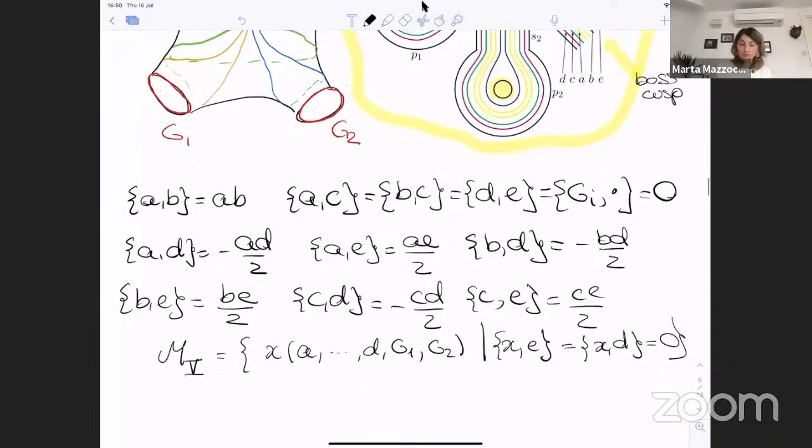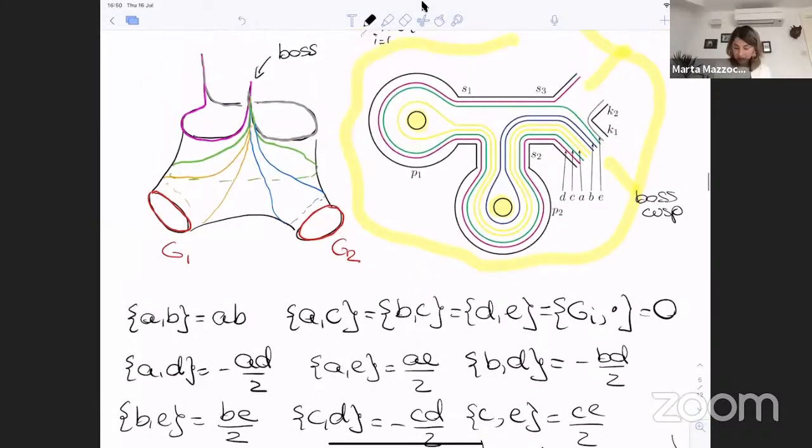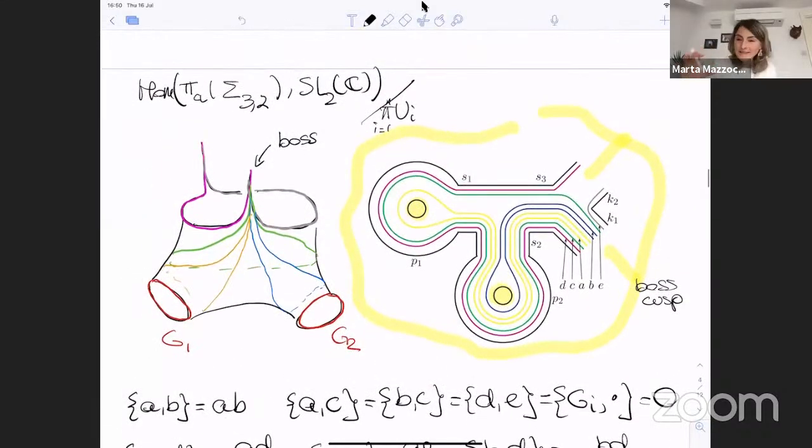Just to make absolutely clear, the small Roman letters A, B, C, and so on, those are the traces of the holonomy along the paths? Well, not quite the traces anymore, because my action is no longer SL2C. In that case, I would have the traces.